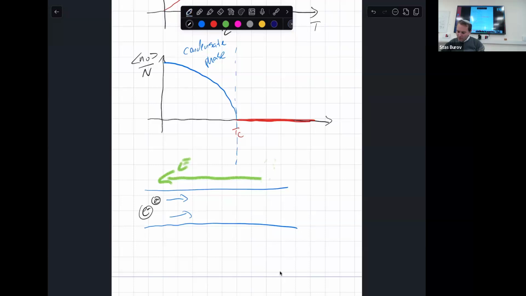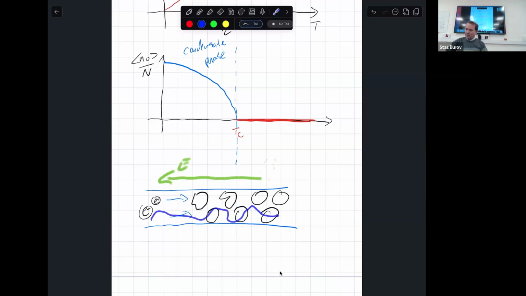In between, there are some obstacles inside the wire. There are atoms, etcetera. So our electrons will try to wiggle their way around those guys, and this is how current occurs.